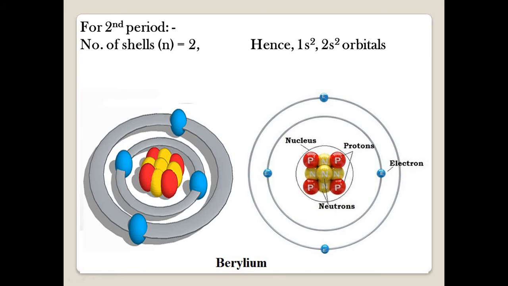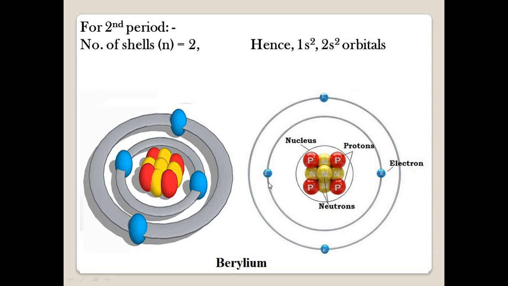Okay, let's see the second period again, the second element, that is beryllium, which has number of shells 2. Then the electronic configuration is 1s2 2s2, that is 2 orbitals, the first orbital and the second orbital.